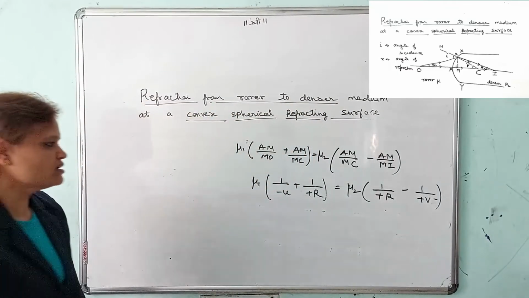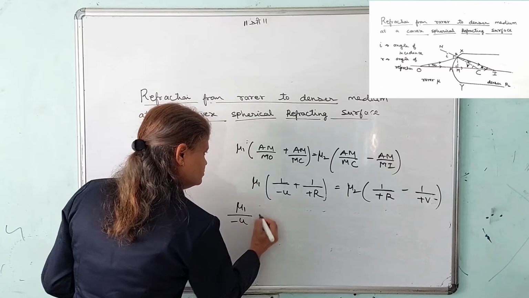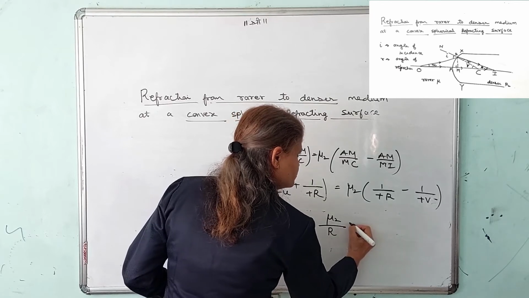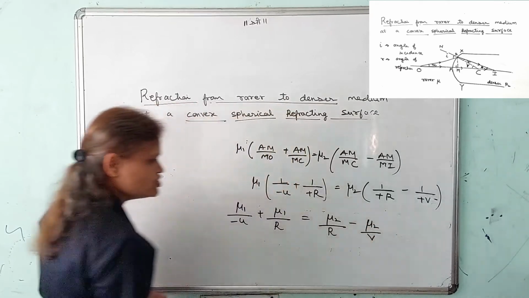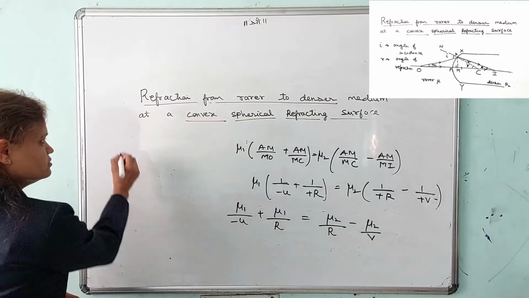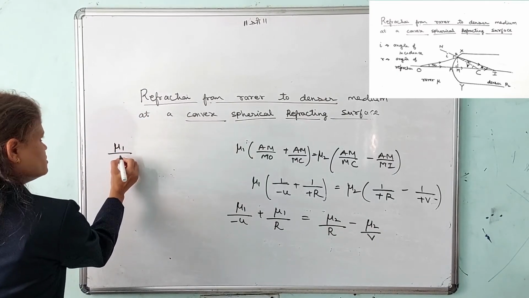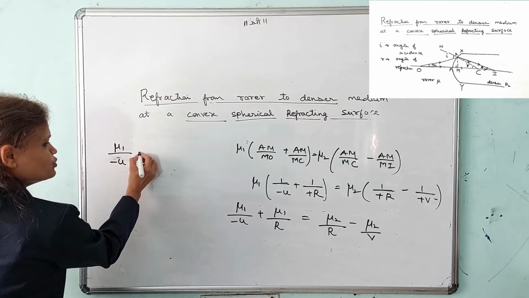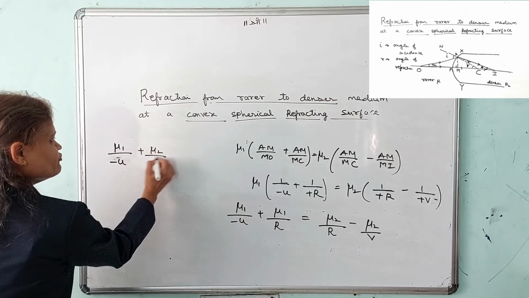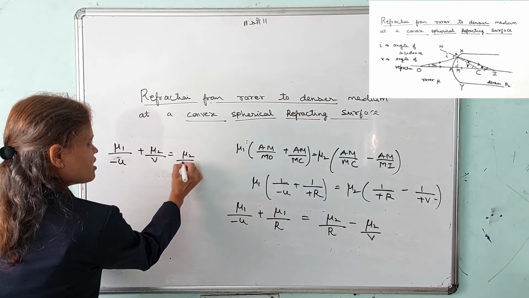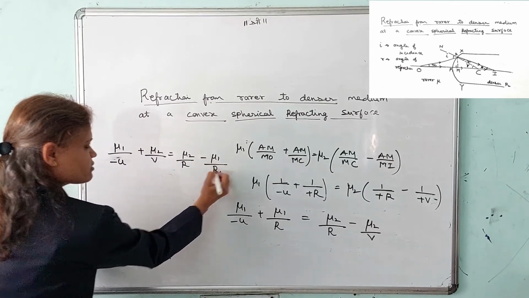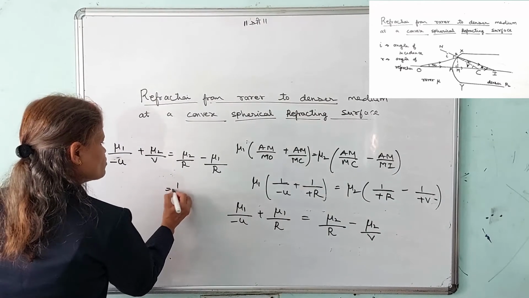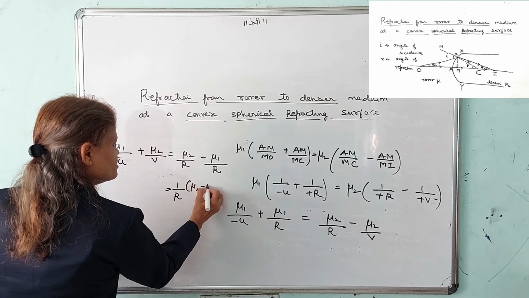Now you just open the bracket. Now I'm just going to take these R terms to one side. So mu 1 by minus u plus mu 2 by v equals mu 2 by R minus mu 1 by R. And here you can take 1 by R common, mu 2 minus mu 1.